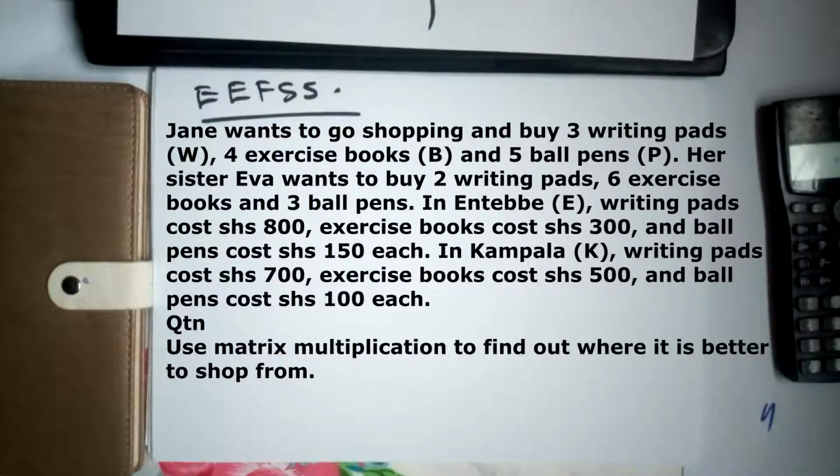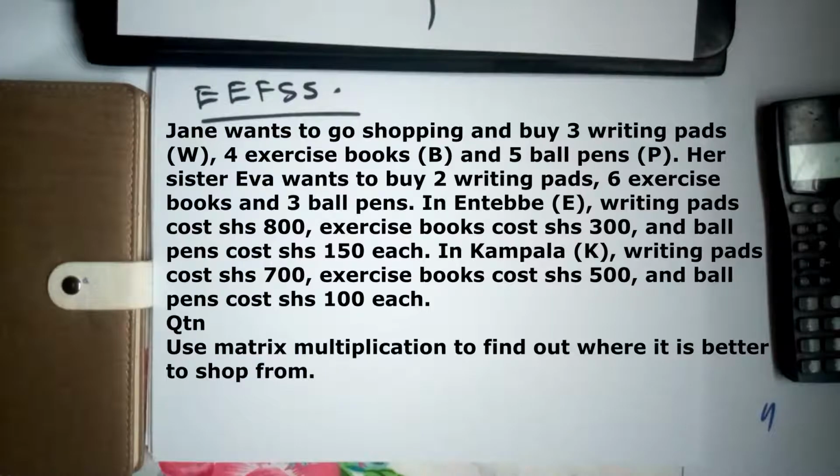In Kampala, writing pads cost 700 shillings, exercise books cost 500 shillings, and ballpoint pens cost 100 shillings each. Use matrix multiplication to find out where it is better to shop from.